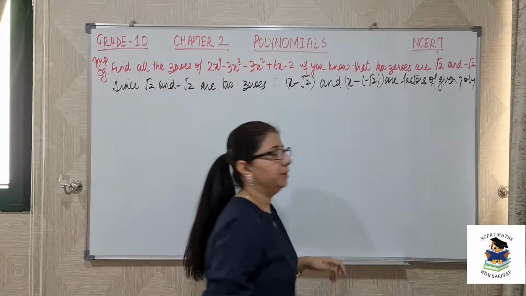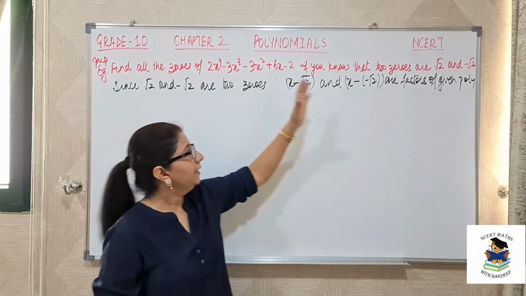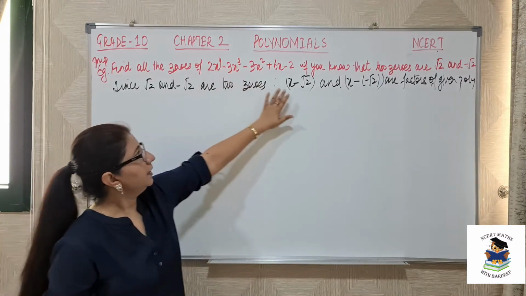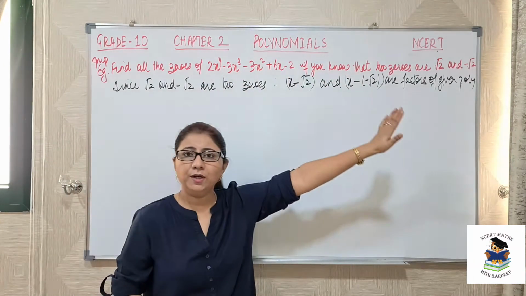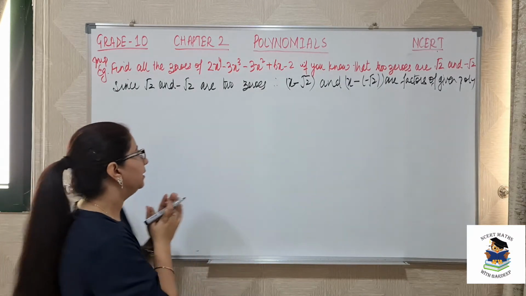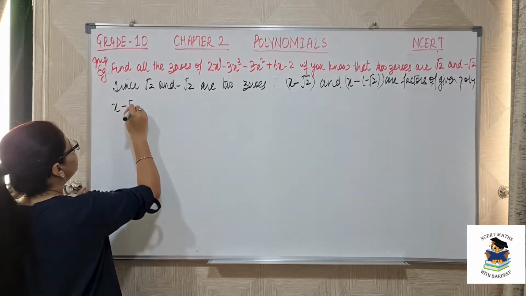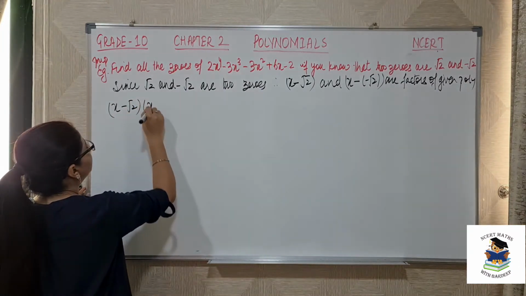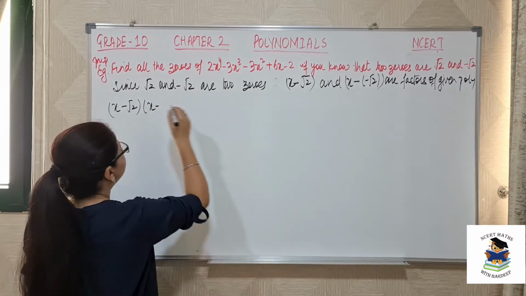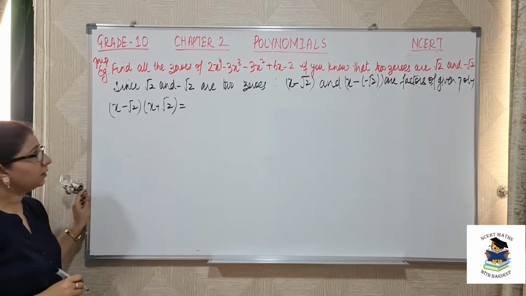So what should be our first step? That we should find the factors. It is simple. The variable, that is x, minus your given zero. So we will multiply them together and we will get the final divisor of our polynomial. So x minus root 2 into x minus of minus root 2, which will be plus root 2.